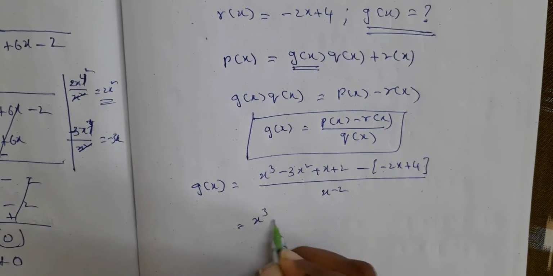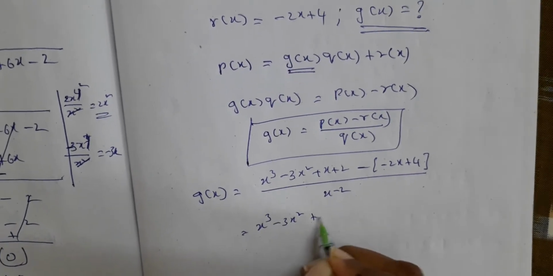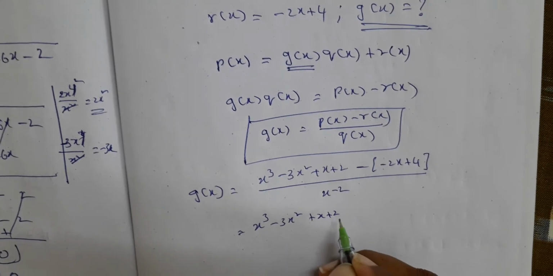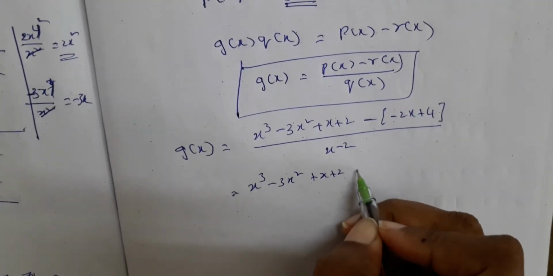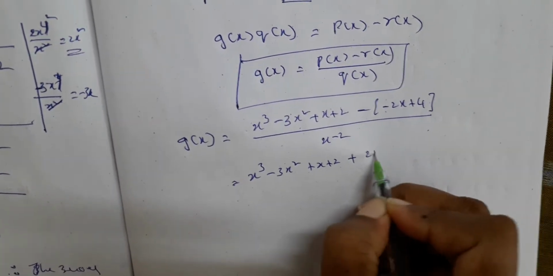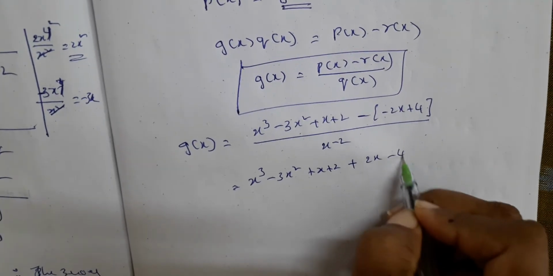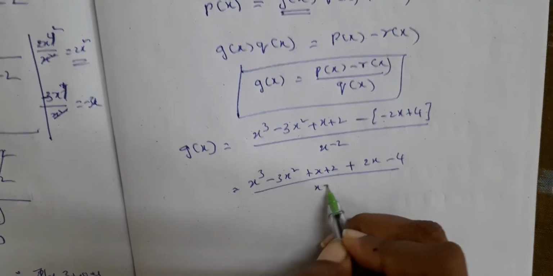So now let us simplify this one. X cube minus 3x square plus x plus 2, minus of minus 2x plus 4, so plus 2x minus 4, by x minus 2.